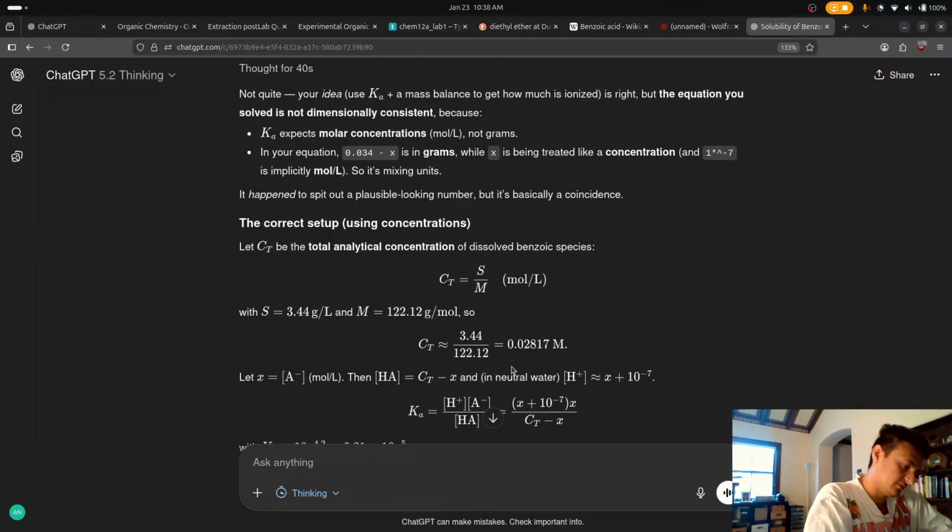Basically, the saturated concentration is 0.028 molar.